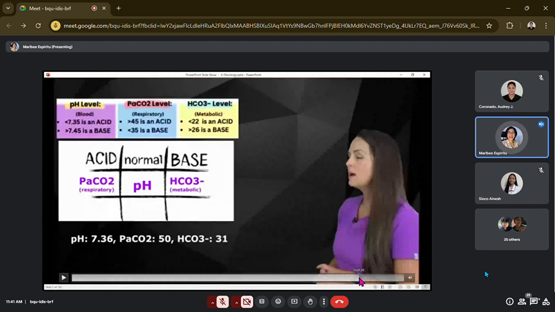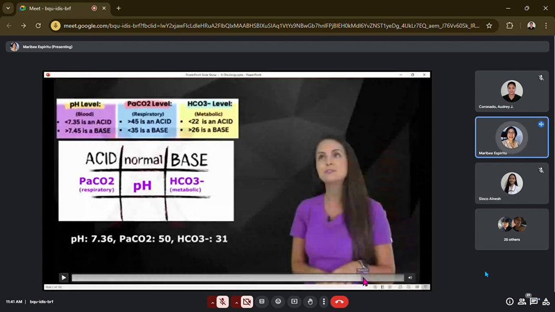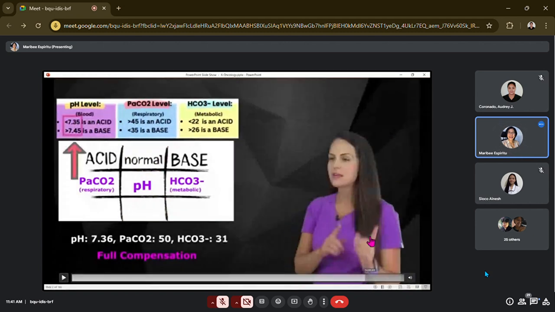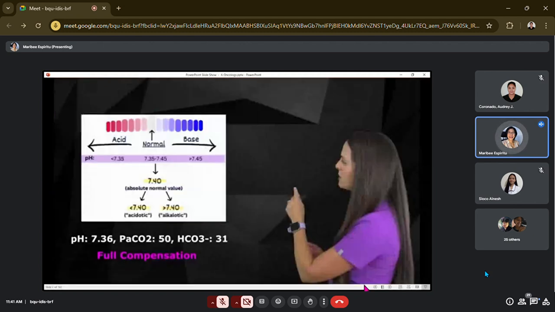Ayan full compensation. Kapag normal ang pH, may full compensation, for us to identify what ABG imbalance meron, use 7.4 instead.